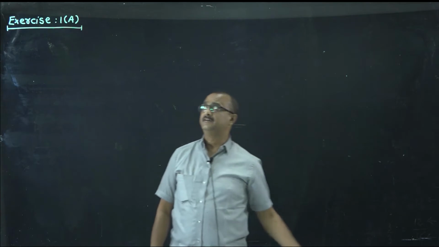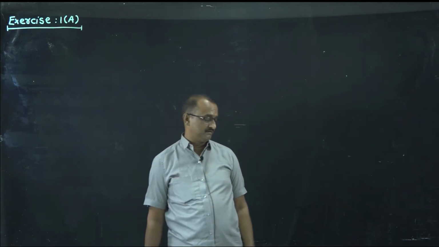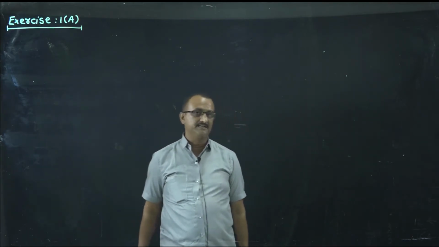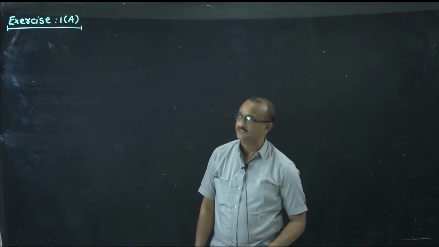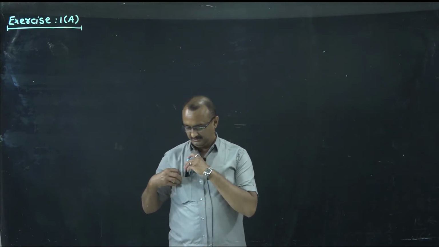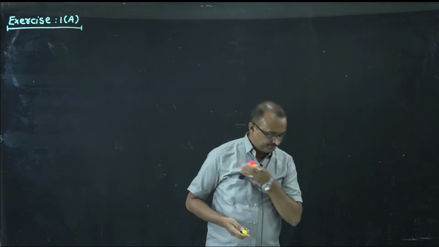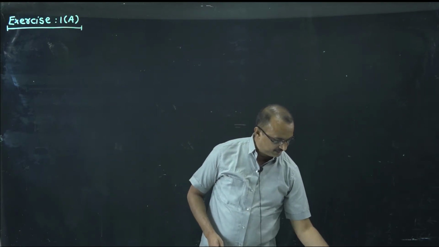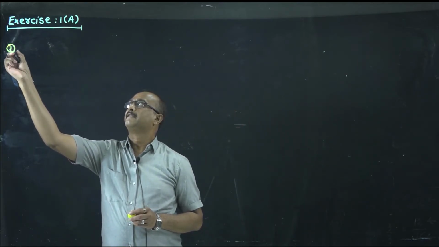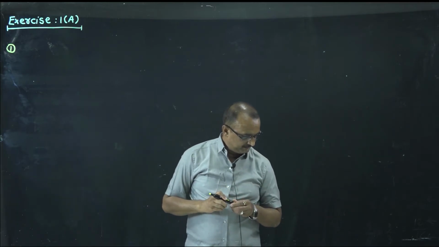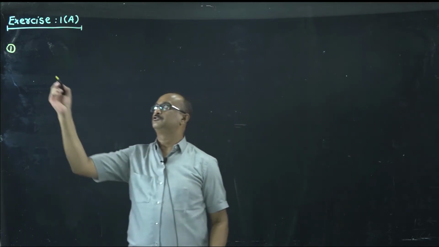Okay students, now we are going to start our exercise 1A. There are total 25 questions in the first exercise. Okay, we are going with the first sum. The first question is given by the inverse ratio of 11 is to 15.